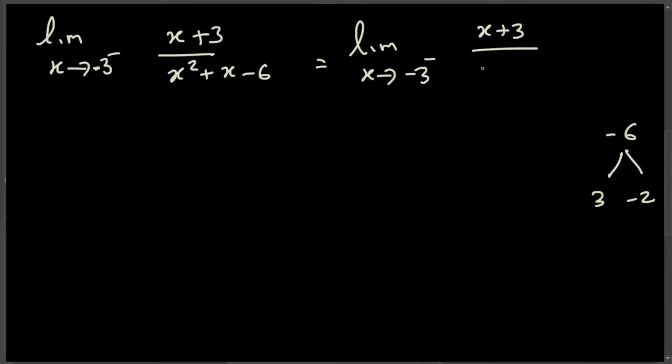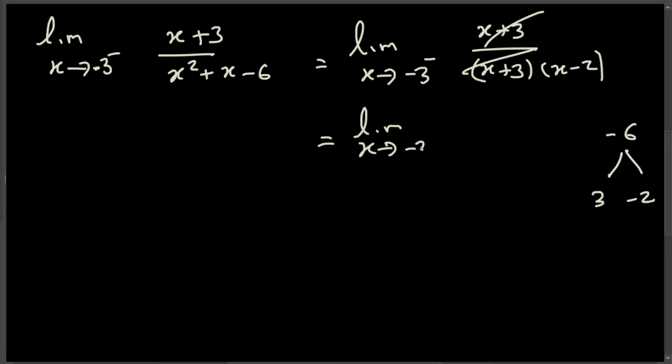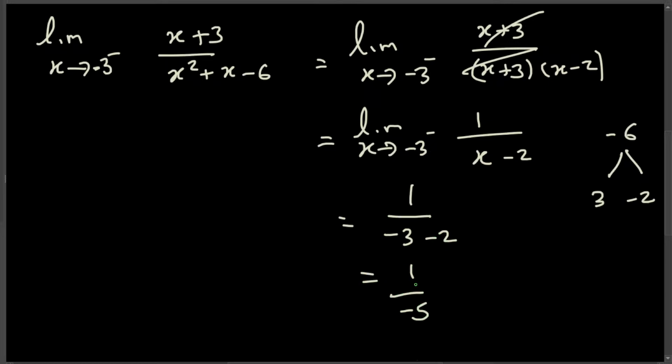So this is going to be (x plus 3)(x minus 2). From this one, we can cancel x plus 3 with x plus 3. Now we can do the direct substitution. This is going to be the limit as x approaches negative 3 from the left side of 1 over (x minus 2). Now I can plug negative 3 in for the x value. So this is going to be negative 3 minus 2. That's 1 over negative 5. And that's our final answer.